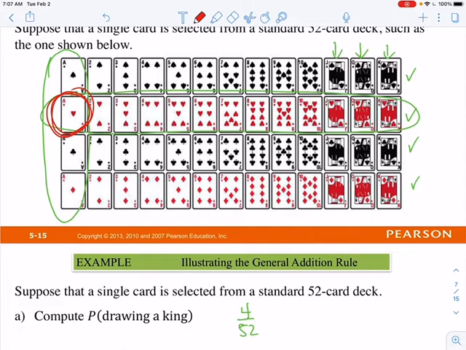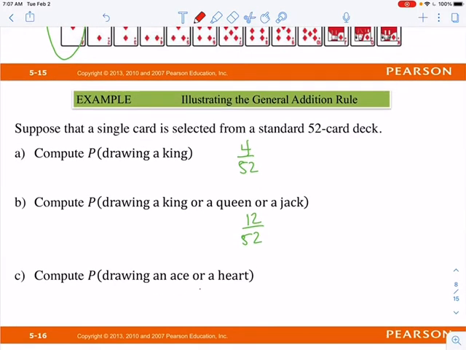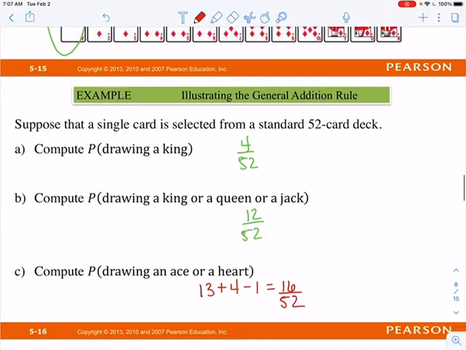So the first thing I did was count my hearts. Altogether, there are 13 hearts in the deck, plus my 4 aces, but I'm going to get rid of the one that I double counted. So 13 plus 4 was 17, and 17 minus 1 gave me an answer of 16, so that one was 16 out of 52. You just have to remember to get rid of anything that you might have double counted.